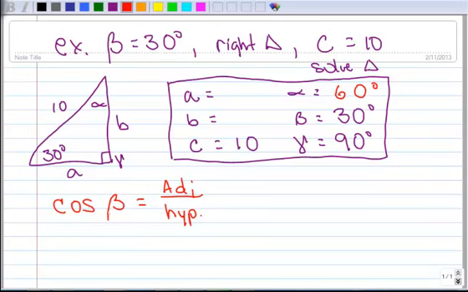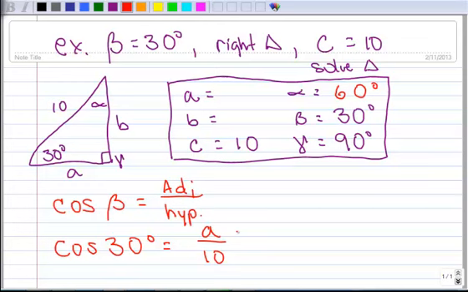So the cosine of beta is 30 degrees, so that's going to be the cosine of 30 degrees. And the adjacent side to 30 degrees, I don't know that, that's my A. The hypotenuse is 10, so I can fill that in.